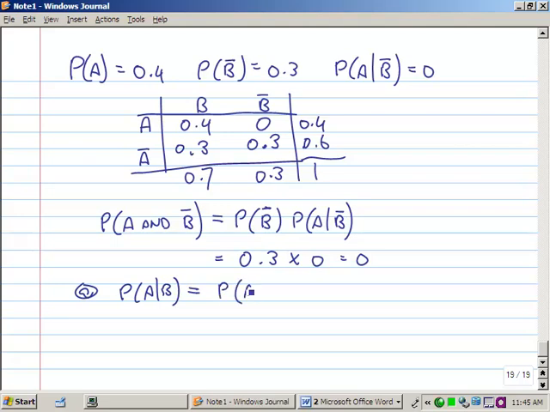The formula will be the probability of A and B on the top divided by the probability of B, since B is conditioned on the left. The probability of A and B from the table is 0.4, divided by the probability of B, 0.7. My calculations tell me that's 0.5714 to 4 significant places. So that's part A.